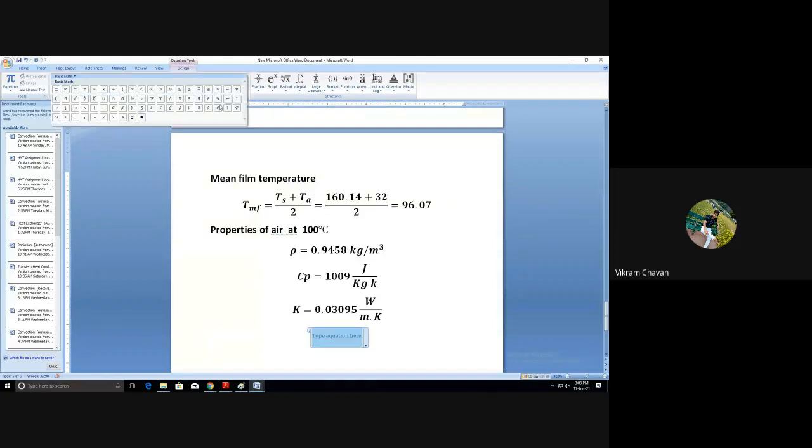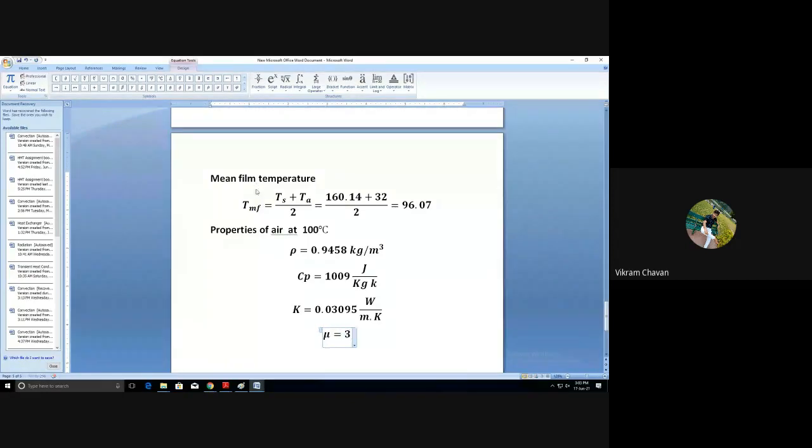Dynamic viscosity, mu, is equal to 3.243 into 10 to the power minus 5.